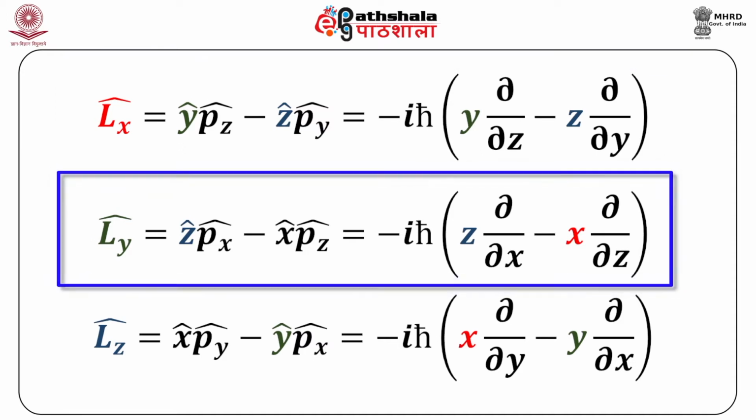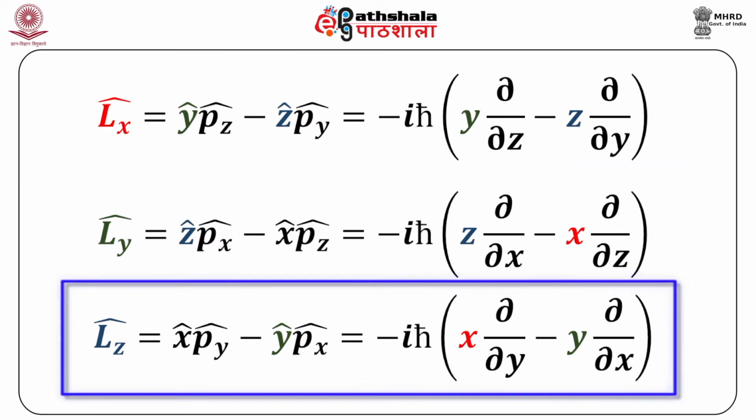Similarly, we have Ly component, that is the component in y direction, as z caret px caret minus x caret pz caret, which is equal to minus iota h cross z del by del x minus x del by del z. And likewise, we have the angular momentum component in z direction as Lz, which is equivalent to x caret py caret minus y caret px caret, which is equivalent to minus iota h cross x del by del y minus y del by del x.